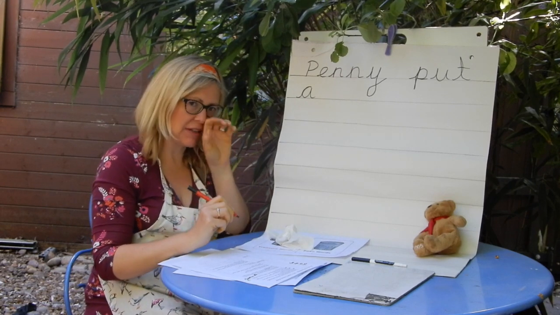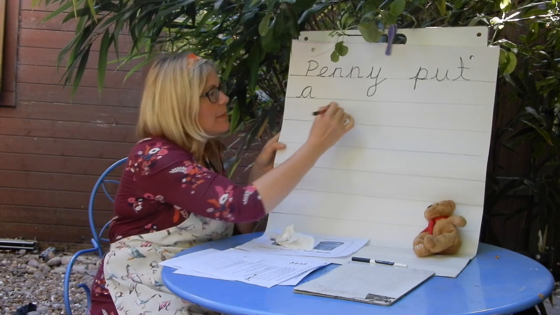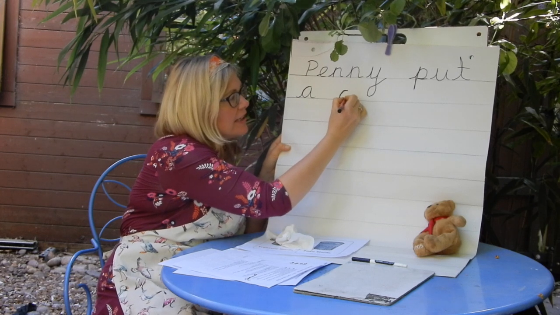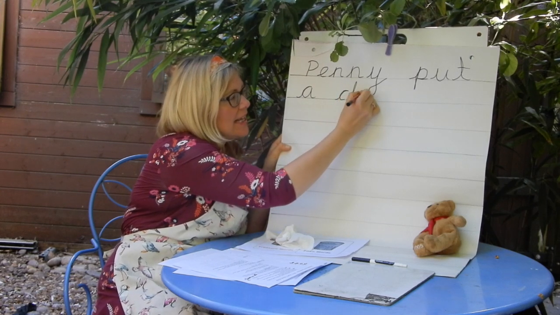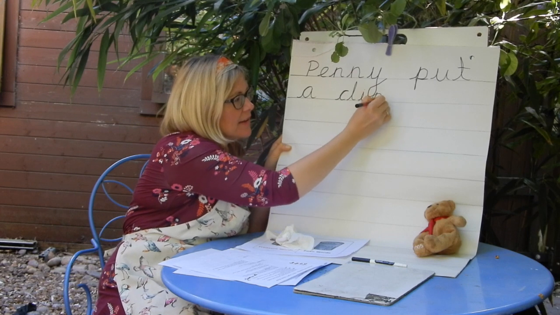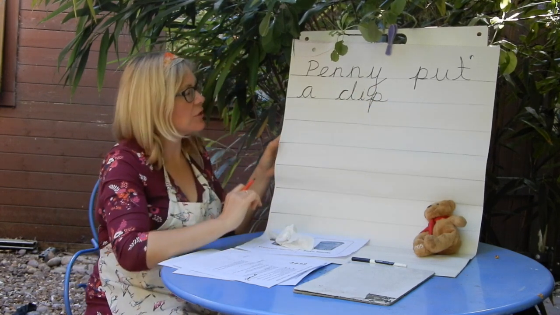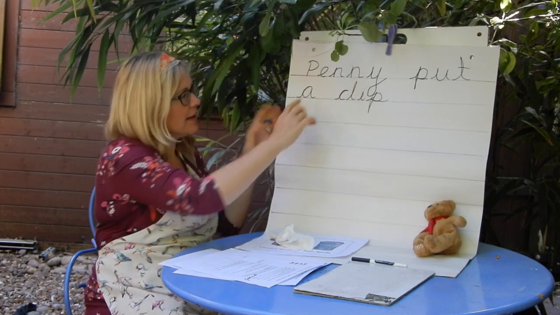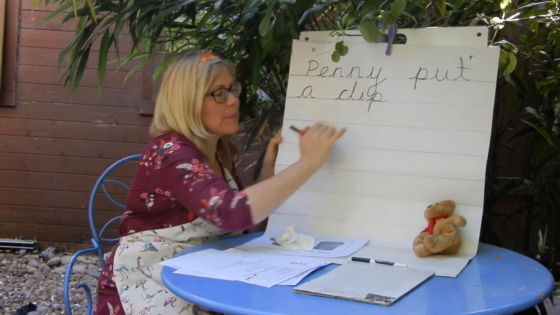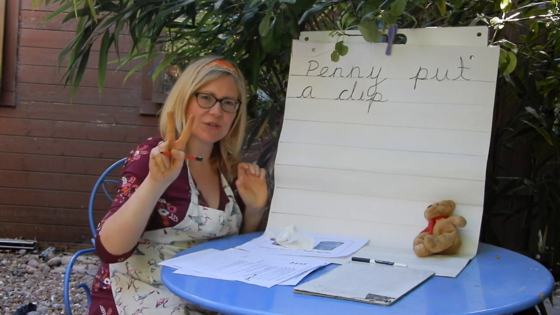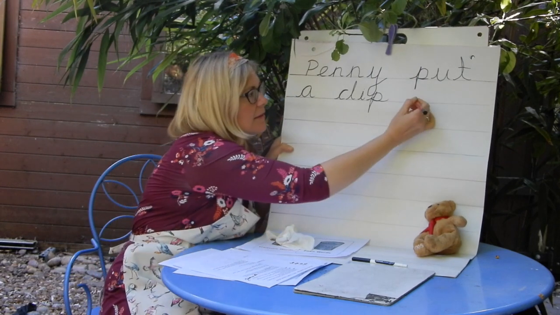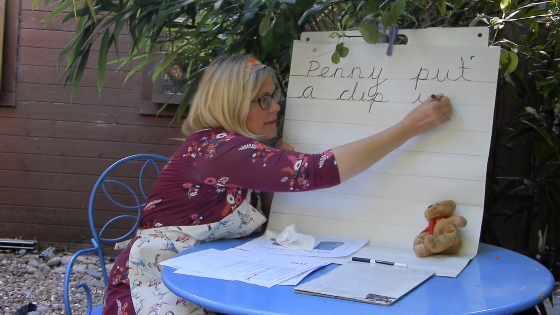Clip, we just wrote clip, we knew there were 4 sounds in clip. It had a curly c, l, very close to an l, and then i, p, that dangling its tail in the water is kind of entering into my clip there. Penny put a clip in, nice and easy, 2 sounds, i, n.